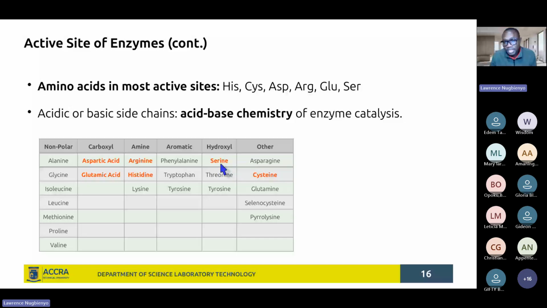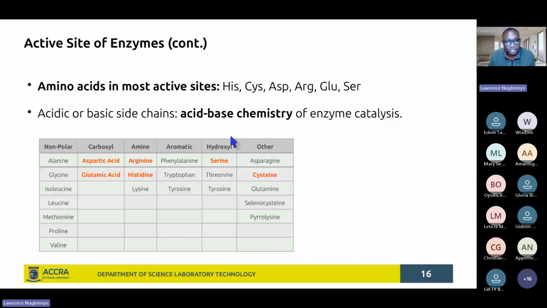And then cysteine. Cysteine, too, you remember, is having a sulfhydryl group, one of the amino acids that has sulfur in it. It's a small amino acid having SH there. And so that sulfhydryl group can also give out hydrogen atoms, or let's say a proton or hydrogen ion.